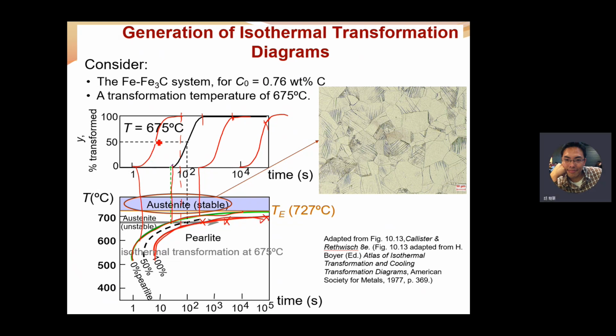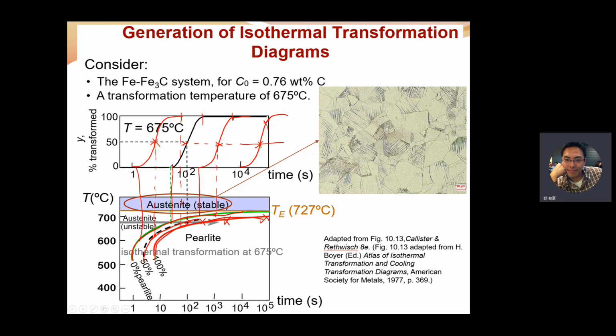And then we can find the 50% of the transformation fraction, right? And we can find this point right here, and this point right here, and this point right here. And you can find out the 50% of the transformation.